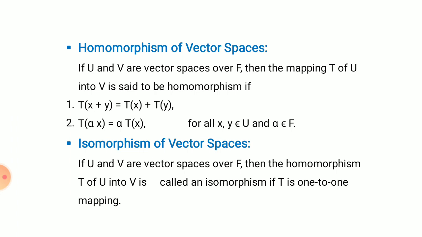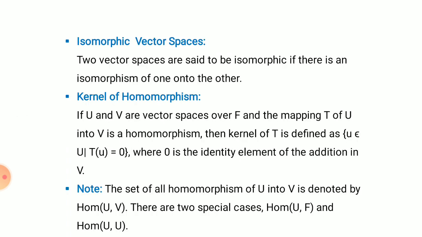Remember that we have seen homomorphism of two vector spaces. Homomorphism is a mapping from one vector space to another vector space satisfying these two conditions. If this mapping satisfies one more condition, that is one-to-one, it is called an isomorphism of two vector spaces.